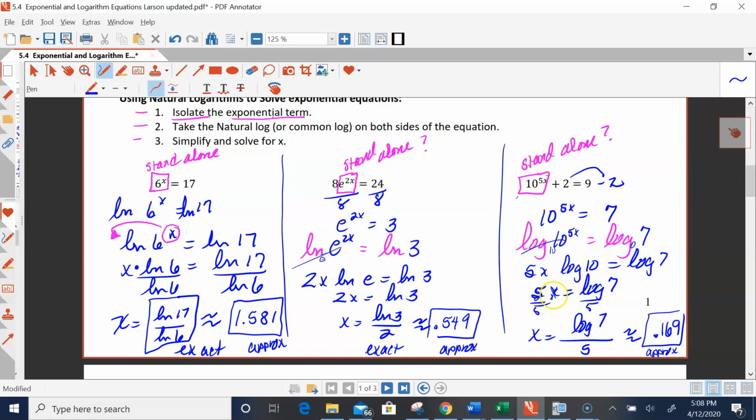Well, to solve for x, I'll divide both sides by 5 to give me a solution of x equal log 7 divided by 5. That would be your exact value, but if you put it in your calculator, the approximation would be 0.169. I'll stop this video here and pick up with logarithm equations on the next one.